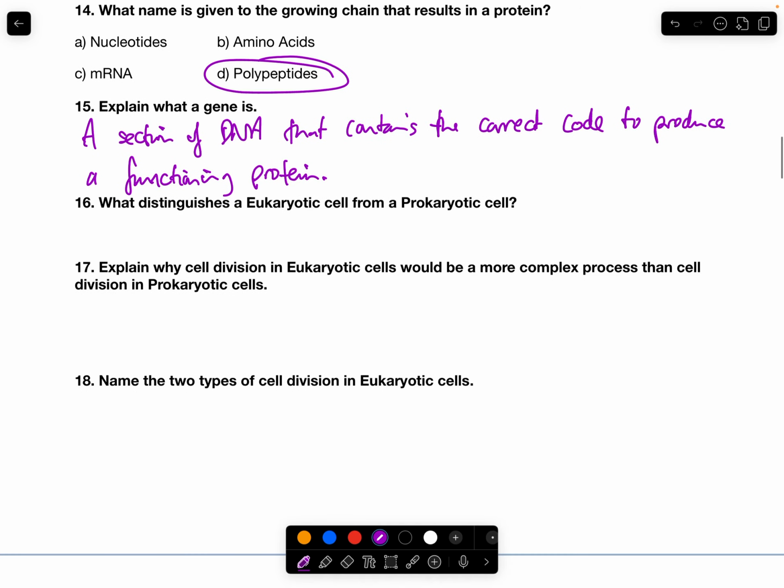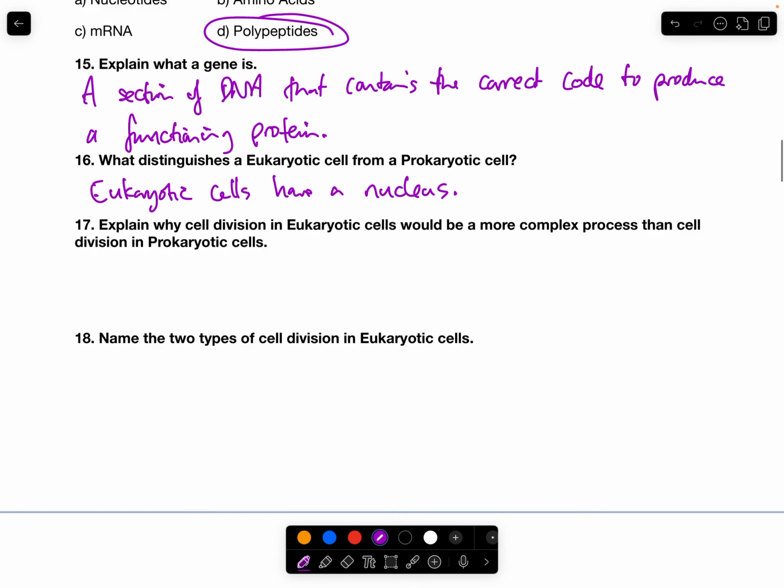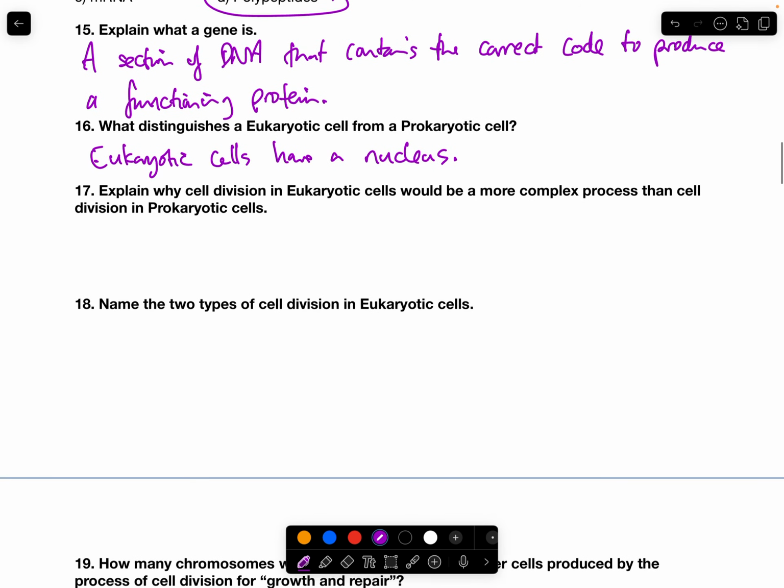What distinguishes a eukaryotic cell from a prokaryotic cell? Eukaryotic cells have a nucleus. Explain why cell division in eukaryotic cells would be more complex than cell division in prokaryotic cells.